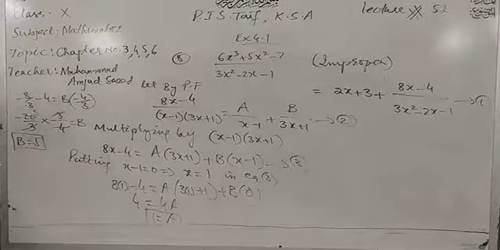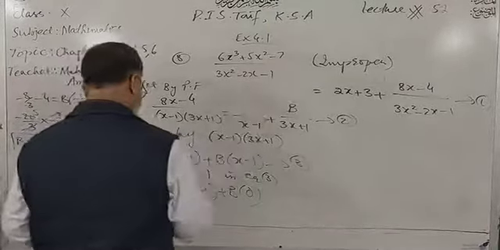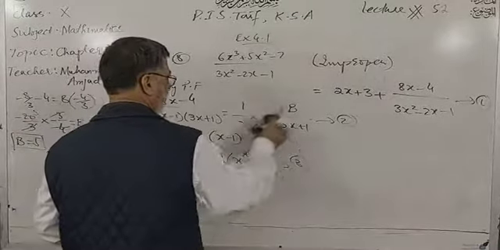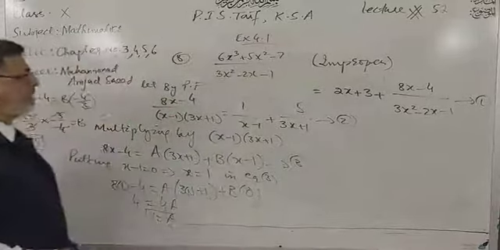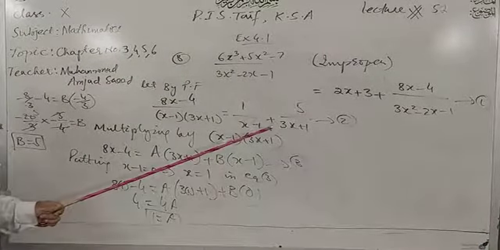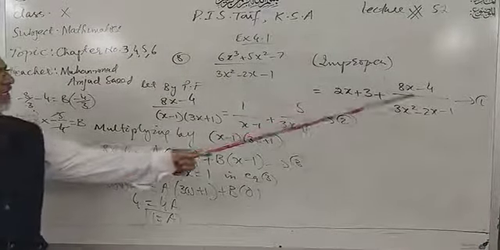Dear students, using this value of A and B in equation number 2, what about A? 1. What about B? This is 5. And remember that this value will be applied here at the end.